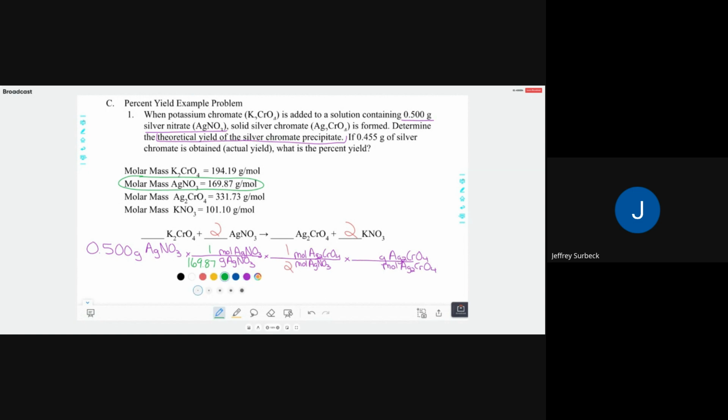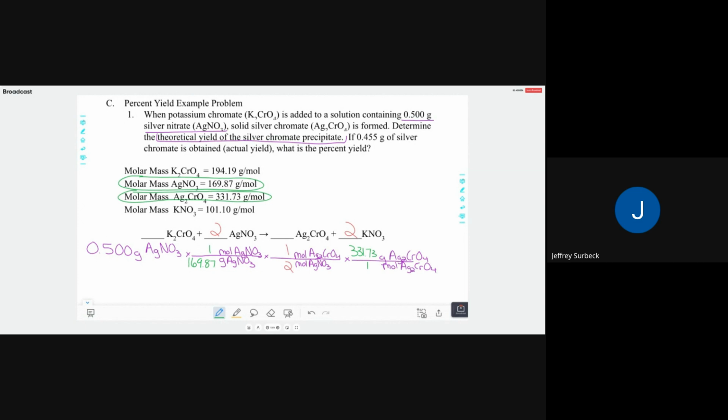It's a big number right below here, the 331.73. In this case, where are we going to put this 331 number, on top or bottom? Top, because it's with G for gram. So we have 331.73 grams to 1 mole, and we turn to our calculators.